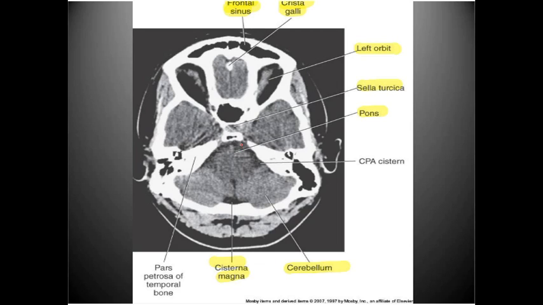This image is slightly confusing because we are once again going through the base of the skull. We have what appears to be the sphenoid sinus here, and so we're seeing the orbits. So we have the frontal sinus, basically the mastoid air cells here. We'll call it MAC for short.